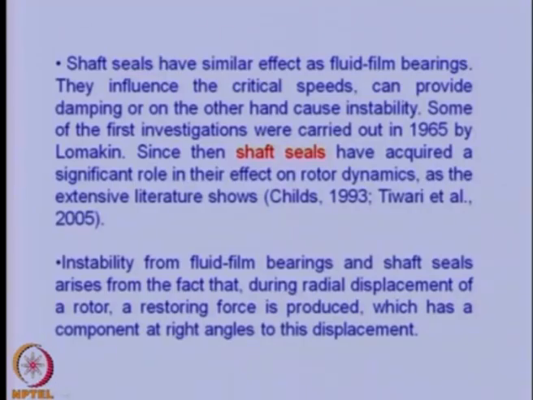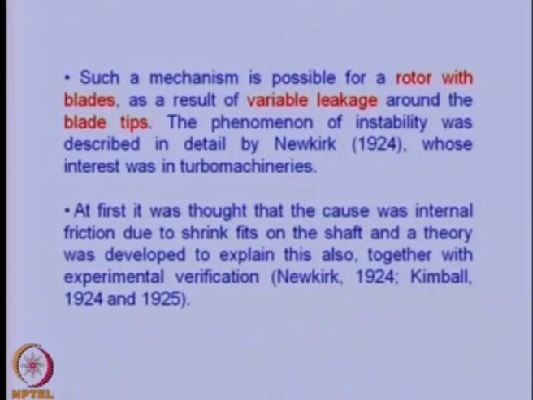Instability from fluid film bearings and shaft seals arises from the fact that during radial displacement of a rotor, a restoring force is produced which has a component at right angle to the displacement. Such a mechanism is possible for a rotor with blades as a result of variable leakage around the blade tips. The phenomenon of instability was described in detail by Newkirk in 1924, whose interest was in turbomachinery.